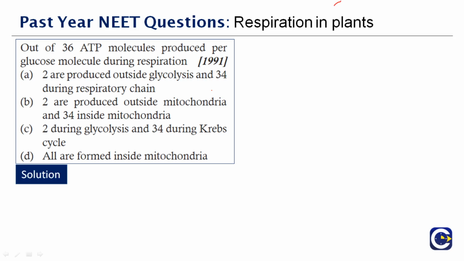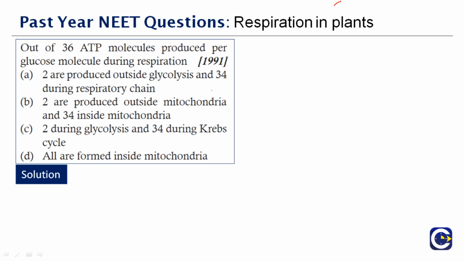So this question here: out of the 36 ATP molecules produced per glucose molecule during respiration, you're given 4 options. 2 are produced outside glycolysis and 34 during respiratory chain. 2 are produced outside is correct, but it is not 34 during respiratory chain.